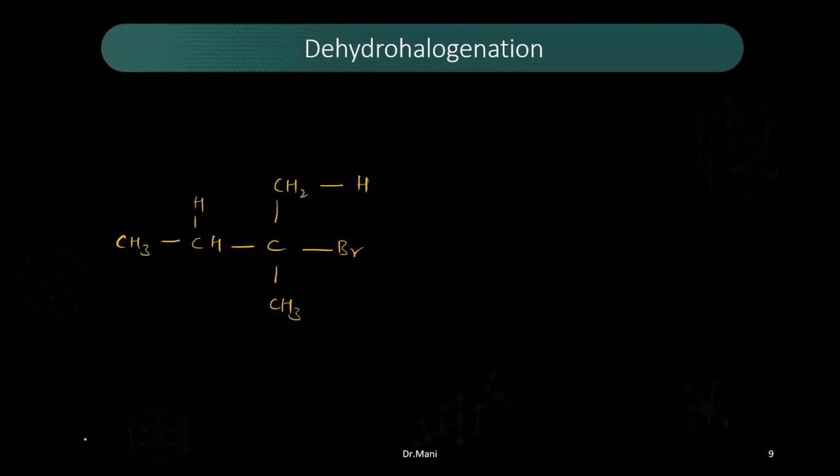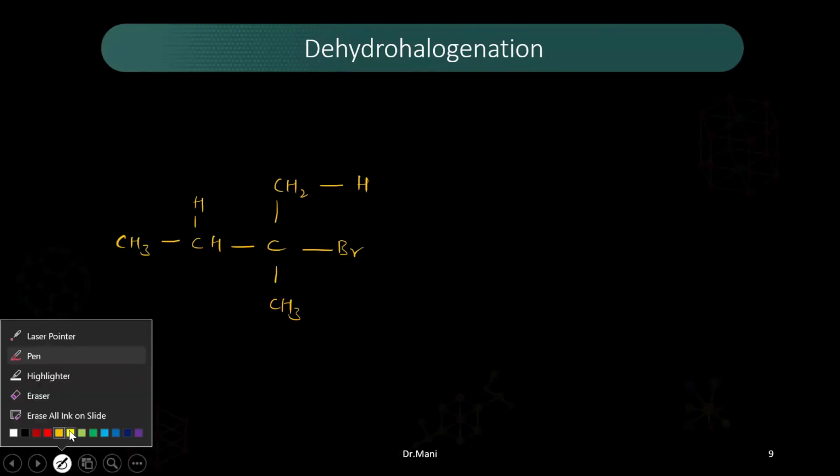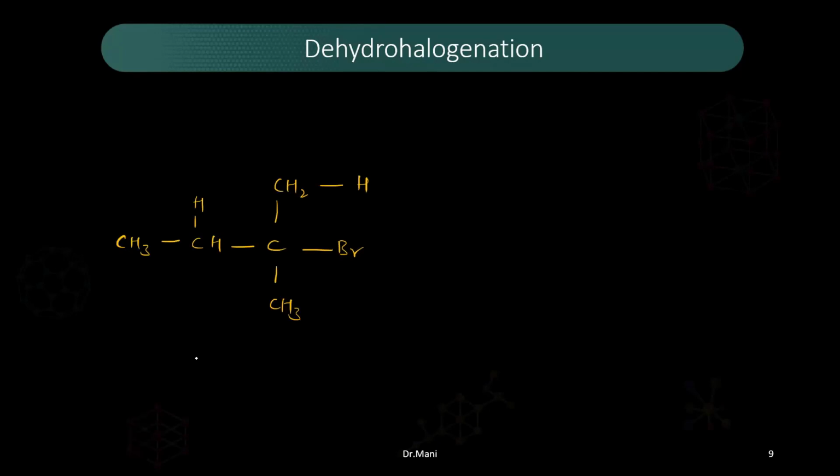Now tell me which could act as the alpha carbon and beta carbon here. What are the chances? The base can attack on which positions? This is my alpha carbon because the halogen is attached. Which one will be the beta carbon? Whether this could be or this could be or this could be. One thing is this cannot be possible because both are the same.